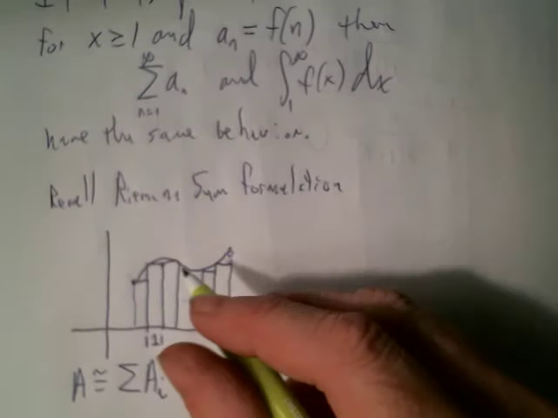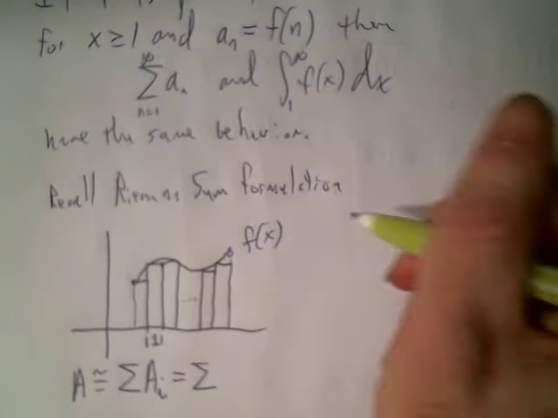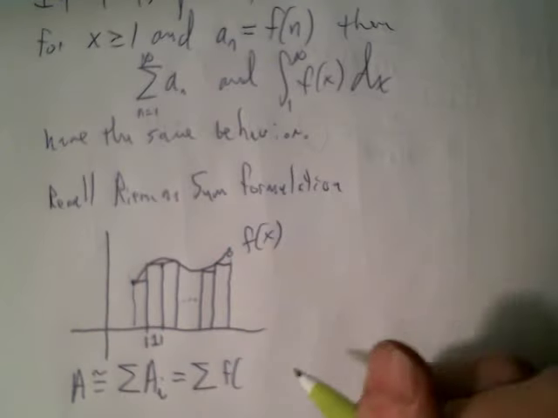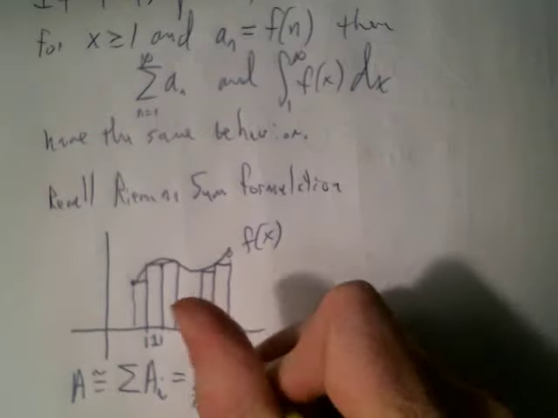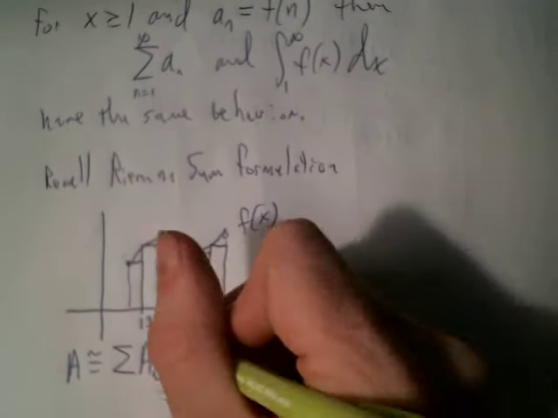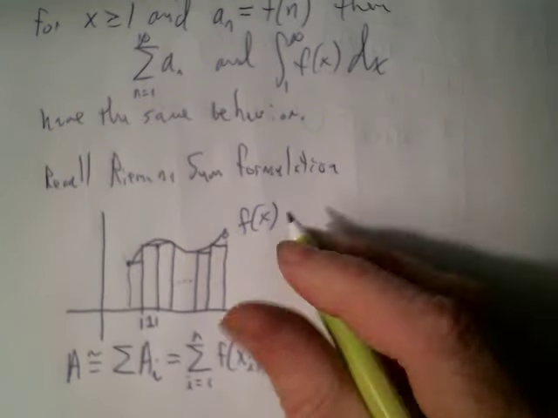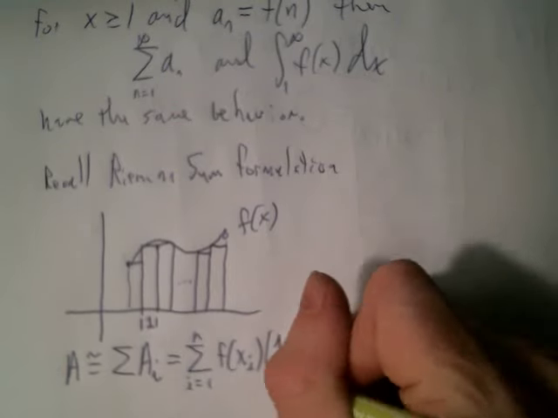Right. So you'd have the sum of, in this case, if this is f of x, maybe f of x sub i, for i equals 1 to n or whatever, times the change in width. Usually in the Riemann sum we put delta x, but here we're going to presume that delta x is always just 1. Okay?